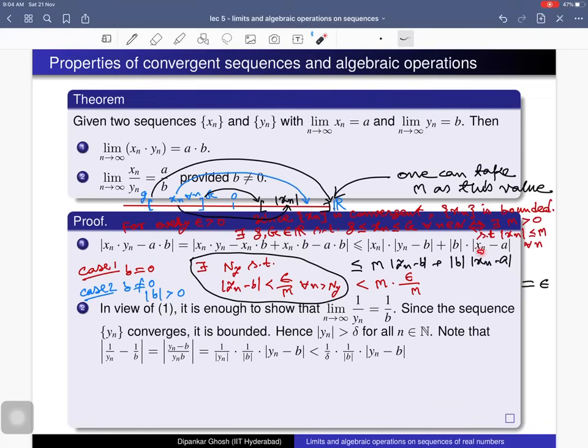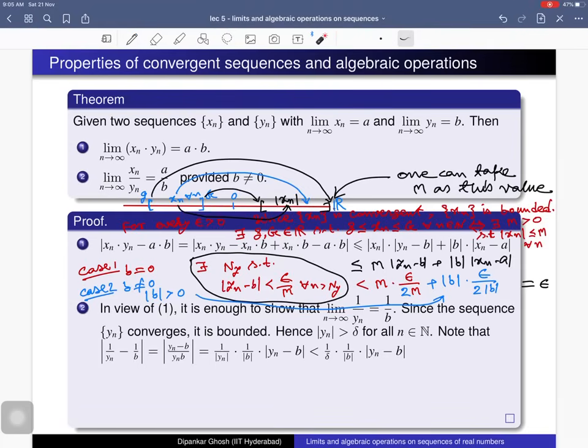So for this distance, we should take that it is plus mod b times epsilon by mod b. We should take epsilon by 2 mod b, and here also we should take 2. So in case 2, we should take this value.